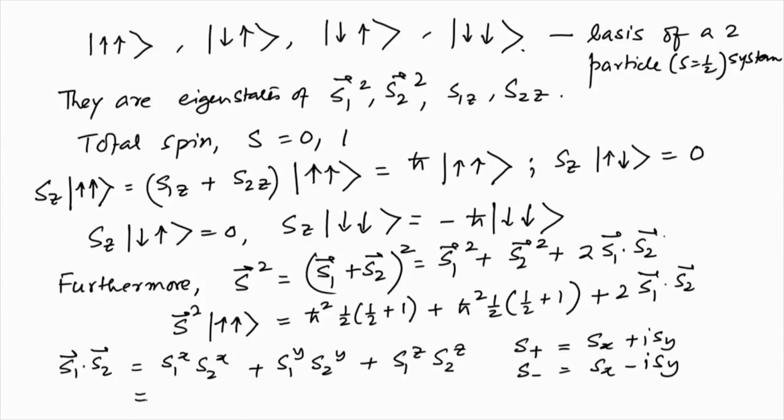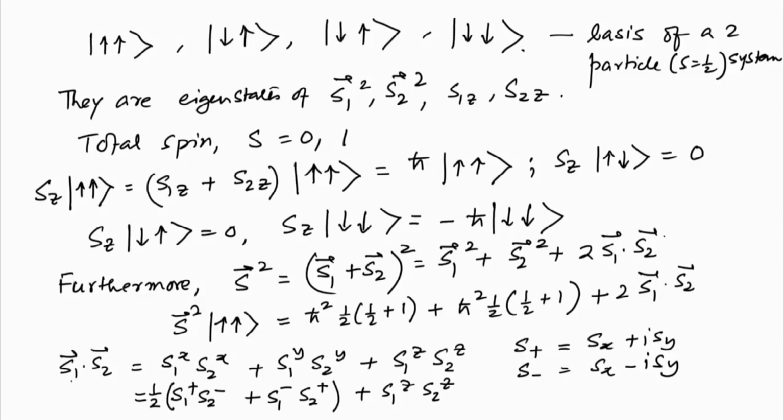This will give me S1 dot S2 equal to half of S1 plus S2 minus plus S1 minus S2 plus, plus S1z S2z.